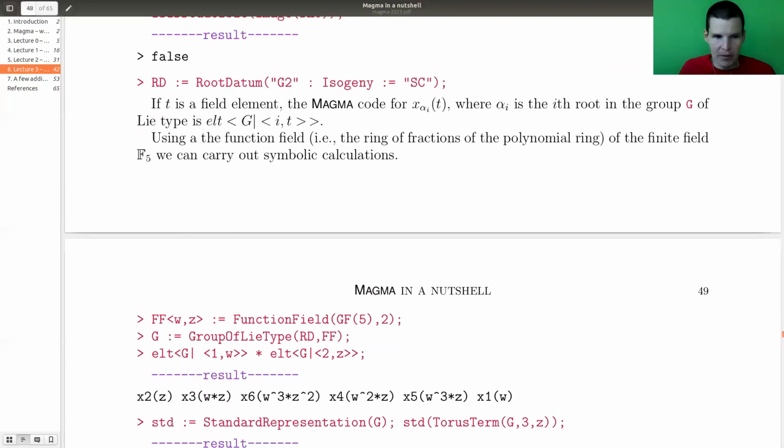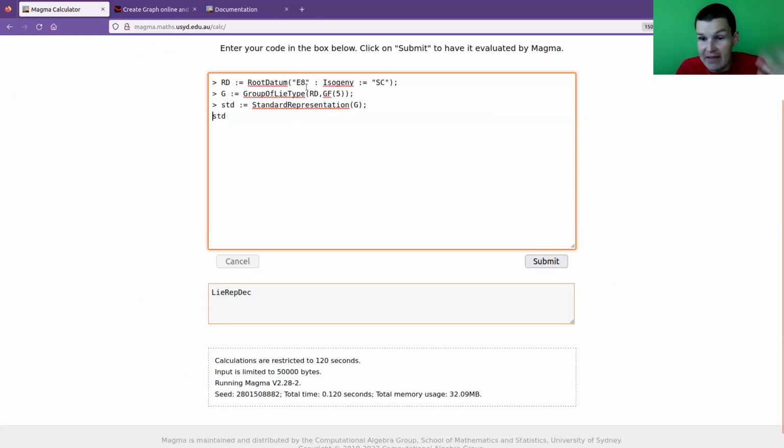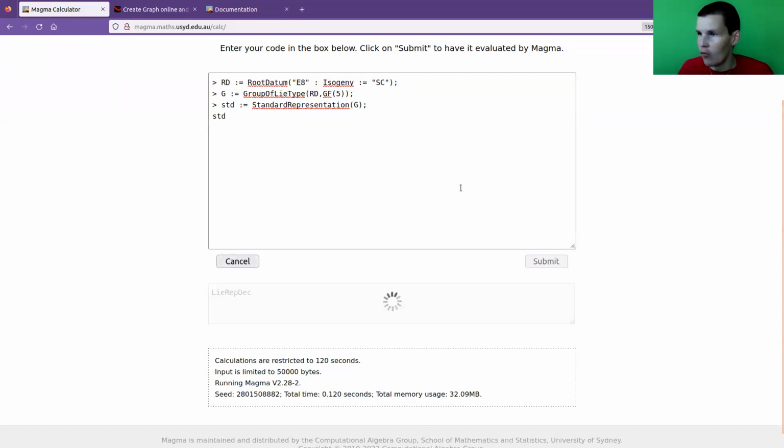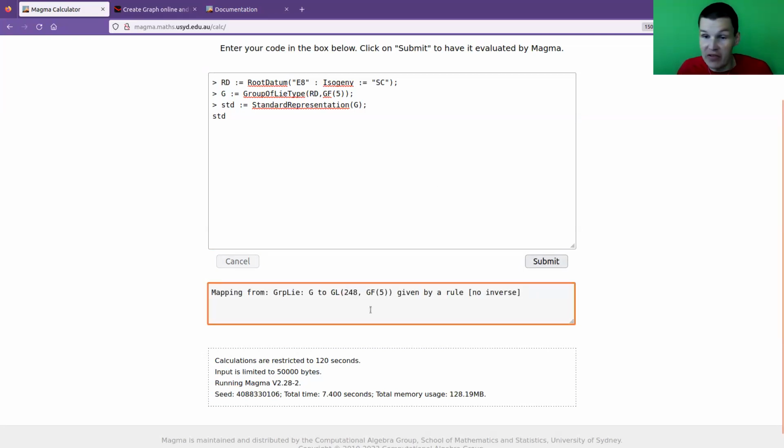Anyway, let me do one more for you. We could have just set up E8 itself, as in, what is the standard representation of E8 over GF5. Let's hope E8 is not too sophisticated for the online calculator, because E8 is rather large. Okay, it's a 248-dimensional representation over GF5, and then you can play various games with those representations.